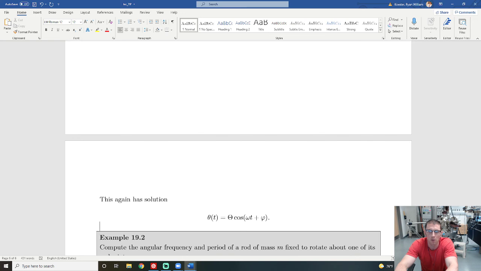Like we found the relationship between the linear frequency and the period. We found the relationship between the angular frequency and the period. We found how to relate, for the linear oscillator, the acceleration to the position, right?